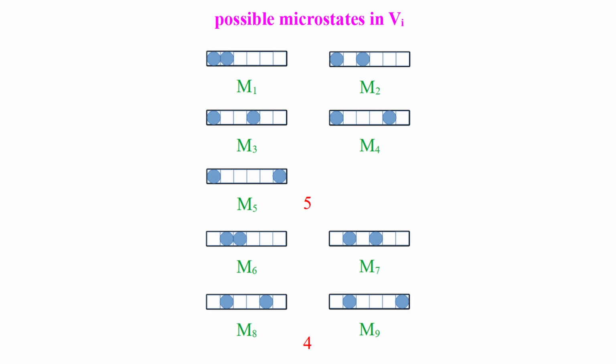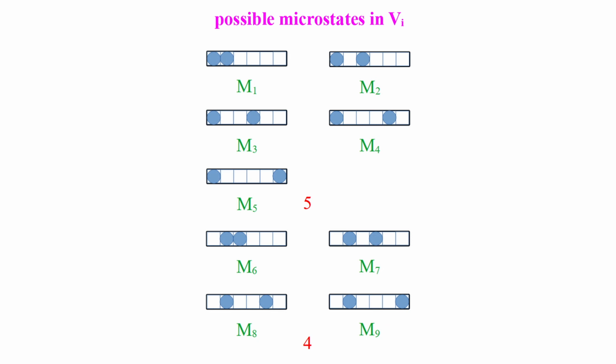When one particle is in the very first of the 6 cells, the second one can be in the second, third, fourth, fifth, or sixth cell, resulting in 5 different microstates. When one particle is in the second of the 6 cells, the second one can be in the third, fourth, fifth, or sixth cell, leading to 4 different microstates.